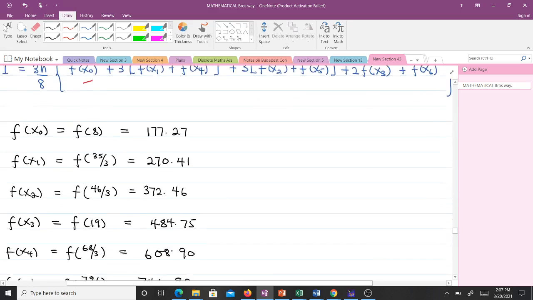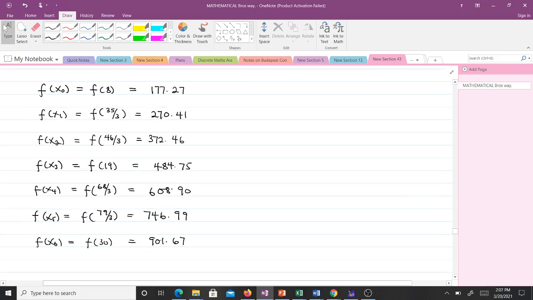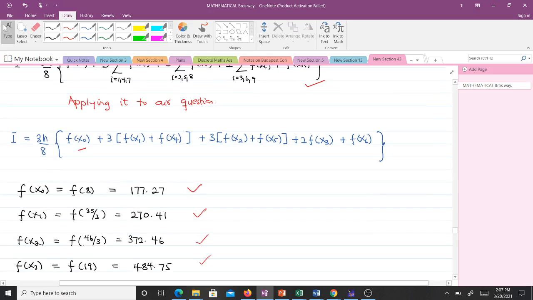So we then have to compute these functional values. Okay, so f of x0 is this, that equals f of 8, which will give this. So f of 8 means you go into f of t, whenever you find t, you put 8 there. Then f of x1 is this, f of x2 is this, f of x3 is this, this, and that.